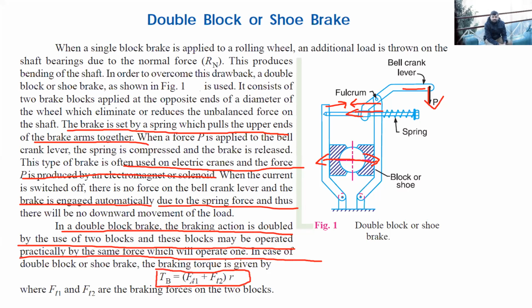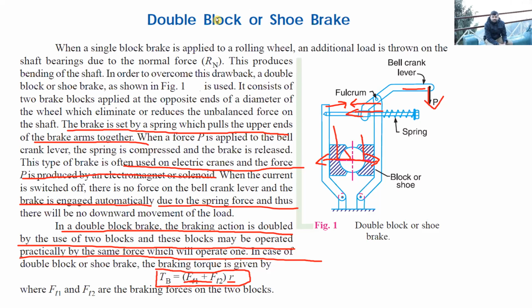Since two normal reactions R_N will be generated, obviously two tangential forces F_t will also be generated, and the total will be their summation multiplied by the radius r of the wheel, where F_t1 and F_t2 are the braking forces on the two blocks. So this is how a double block brake works.